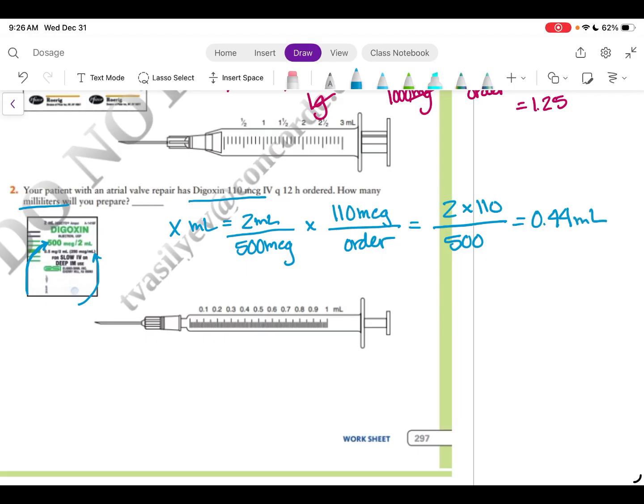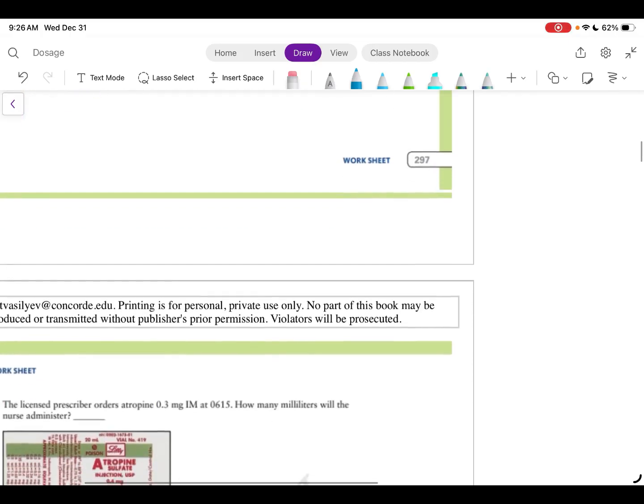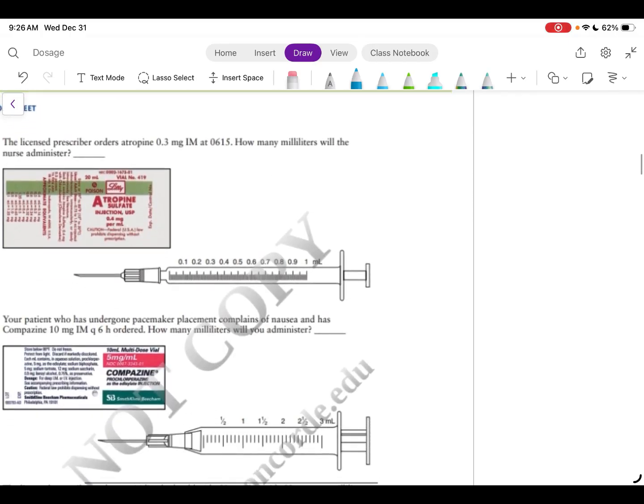Right. Again, the question is not asking me to round anything, so I'm just going to leave it as 0.44. Okay. If you want to fill in these syringes, that's fine, but it's so blurry on my view here that I'm just going to leave them. Okay.